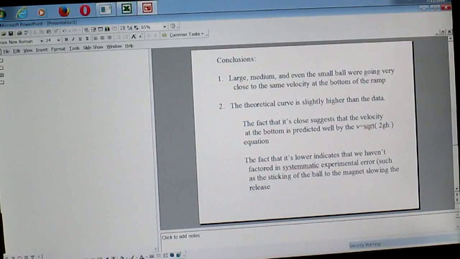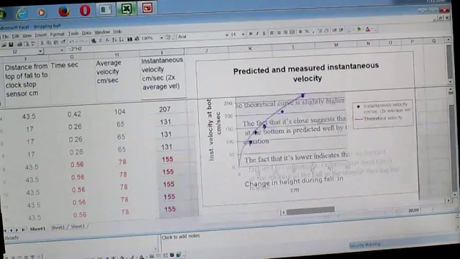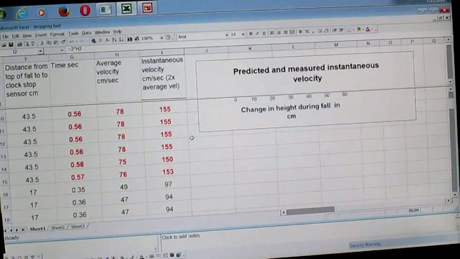Now the sticking of the ball to the magnet is going to influence the numbers on the small ball much more than it will on the big ball, because the weight of that big ball overcomes that stiction much more easily than it does on the small ball. So if you go back to this data, the small ball is the one that has the higher times or the lower velocities, the 75 and the 76.